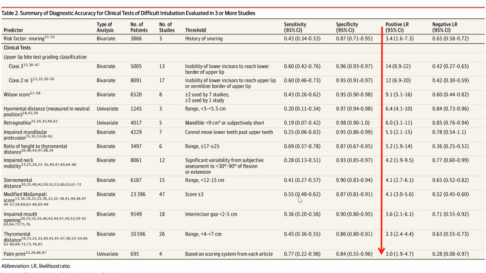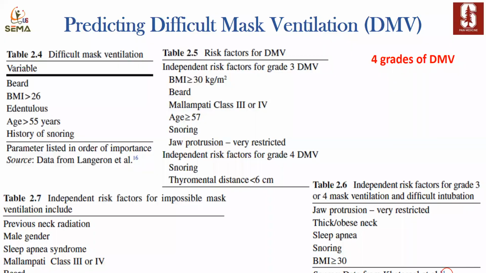So again, if you look here, Mallampati was way down on the rank, and the point again is that you cannot really depend on only one exam and say, okay, I'll just do this one exam and it will predict the difficult intubation. It's really more about multiple examinations.